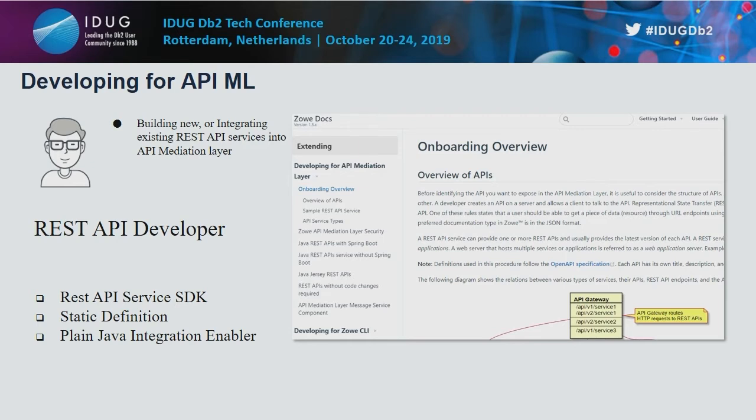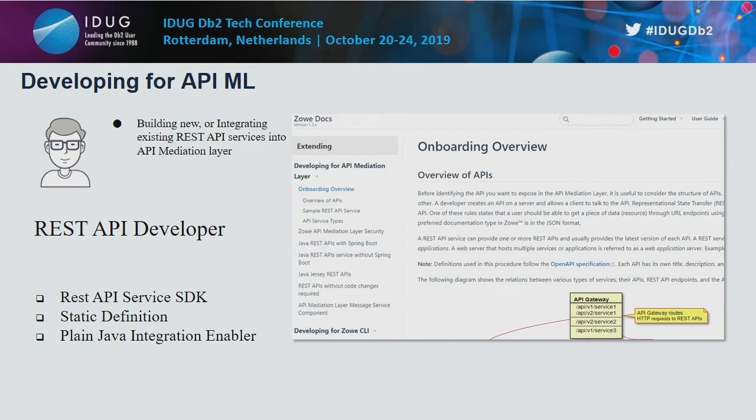Then there is a static definition, which is very handy for teams who don't have the capacity or are not allowed by product management to make any changes in the code, so they would use the static definition. The way it works is that the metadata you would dynamically send over to the Discovery Service, you put somewhere in a dataset member so that the Discovery Service can see it.